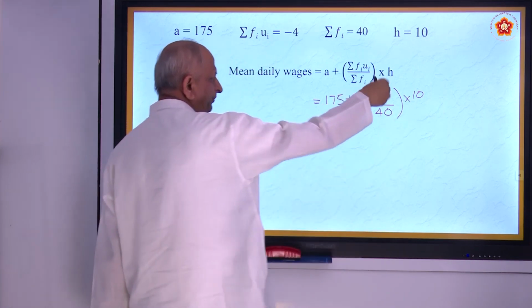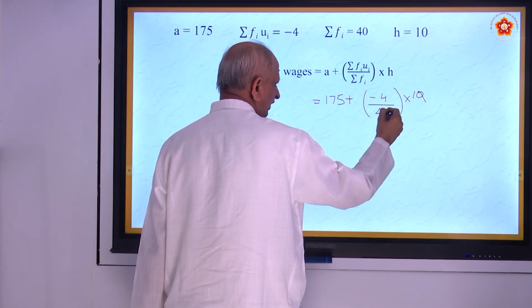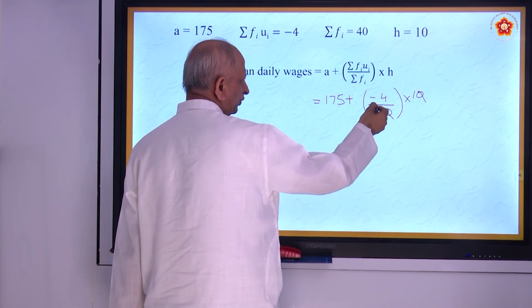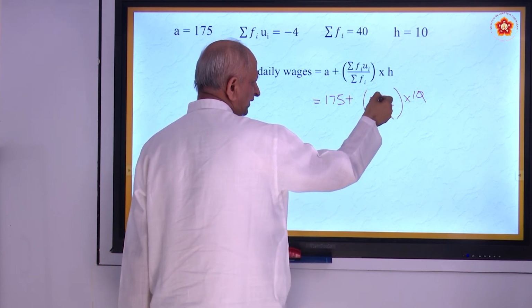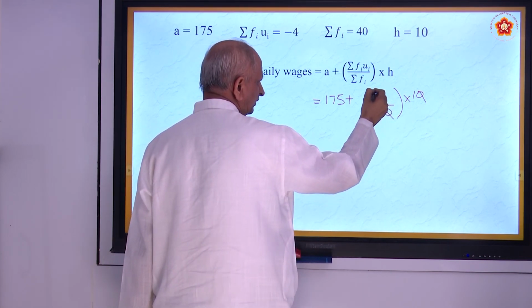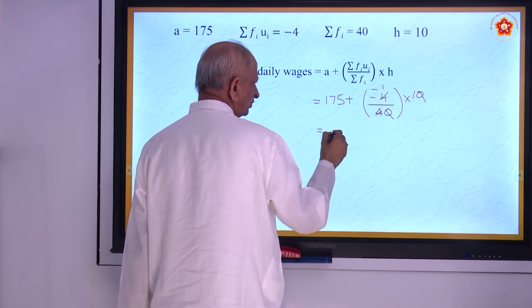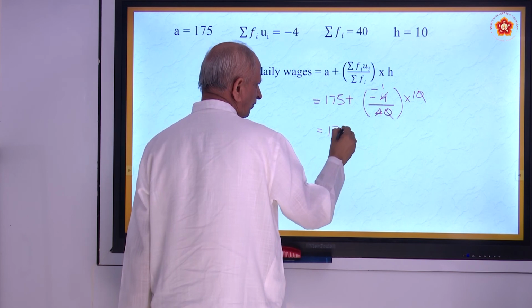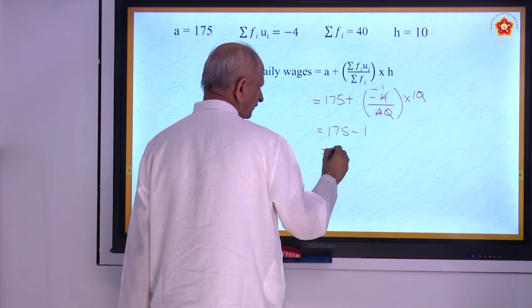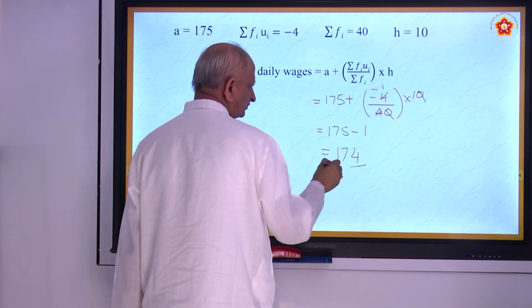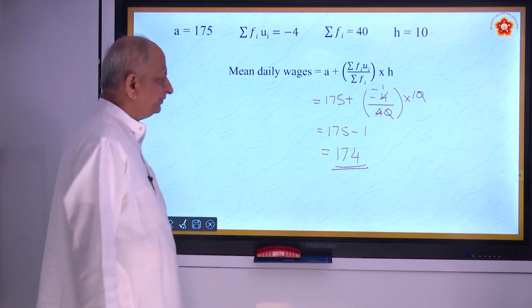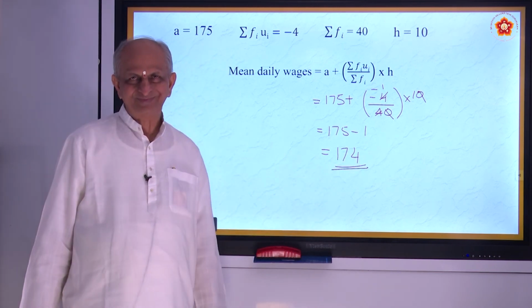So when the into comes, you can cancel. 0, 0 cancels. And 4 ones are 4, minus. So this is minus 1. So you have 175 minus 1. What answer you got there, same thing you get here also.